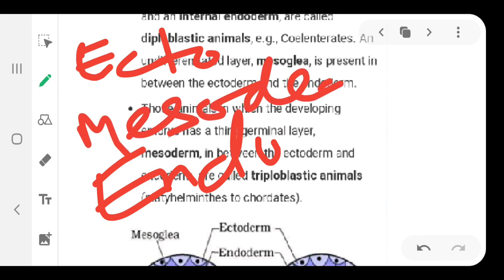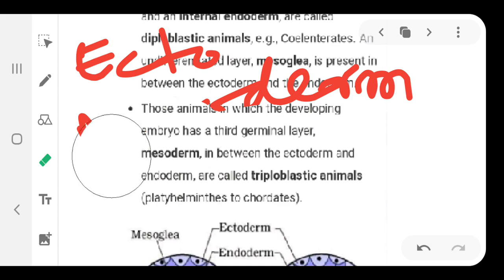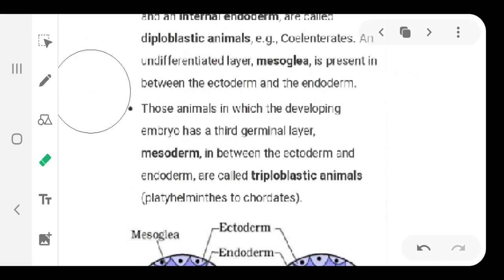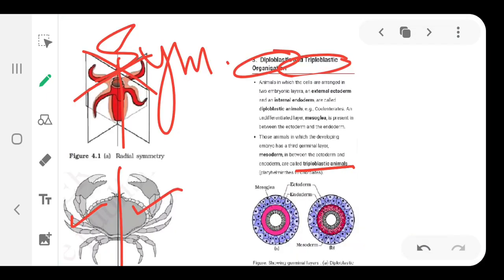Derm means layer. So when animals have all 3 layers, ectoderm, mesoderm, and endoderm, 3 for tri, they are called triploblastic animals. So one is diploblastic, the other is triploblastic. You should know these 2 terms very carefully.